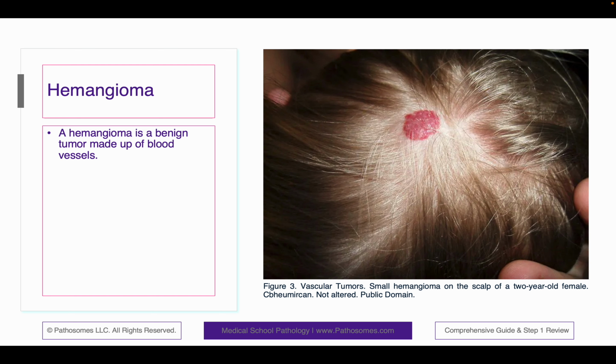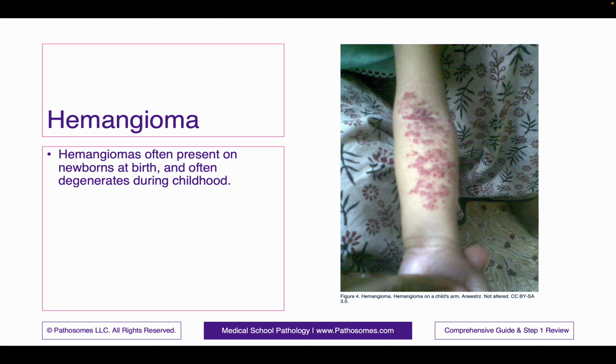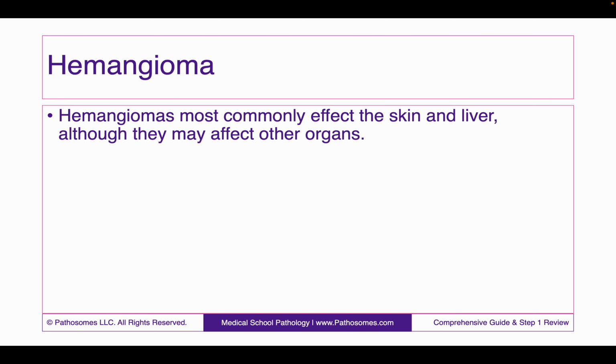Hemangioma. Hemangiomas often present on newborns at birth and often degenerate during childhood. Hemangiomas most commonly affect the skin and liver, although they may affect other organs.